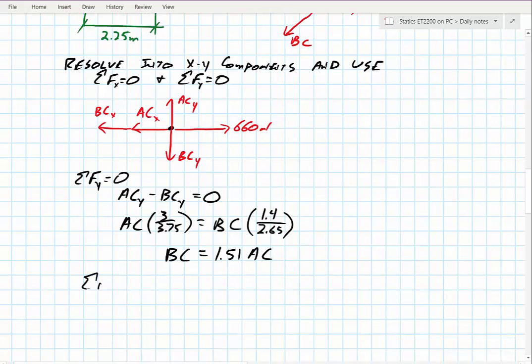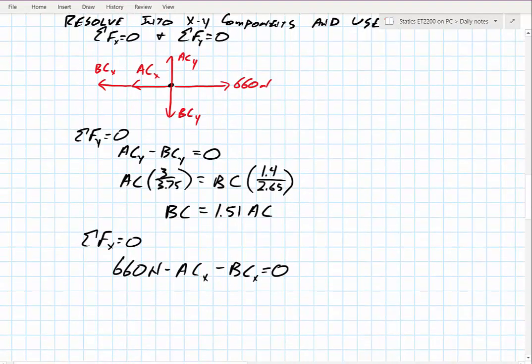Now I say the sum of the forces in the x direction equals 0. In the x direction, I have this 660 newtons in the positive direction, minus my ACX, minus my BCX, and I'm going to set the whole thing equal to 0.